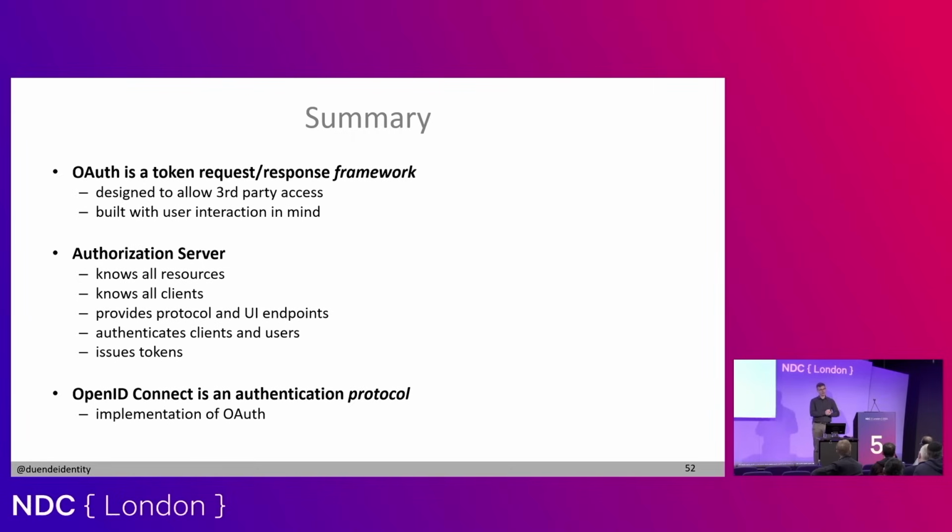Yes? The OAuth 2 spec, I believe, had a device code flow for things like IoT devices. Has 2.1 removed that as well? So the question was about the OAuth 2 spec having a device code flow for things like smart TVs. In the early days, in apps like Netflix, you had to type in your password using your remote control.